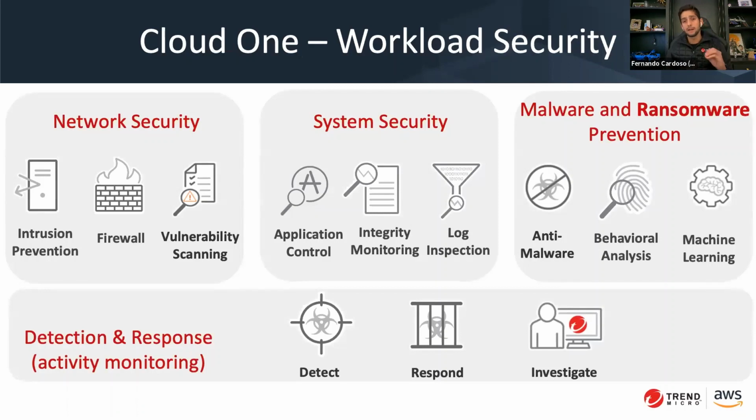Basically, for network security, we have three major features here, starting with intrusion prevention with vulnerability inspection. Imagine you deploy an operating system and after a week, somehow the security researchers find a vulnerability in that operating system or in the platform we're running.